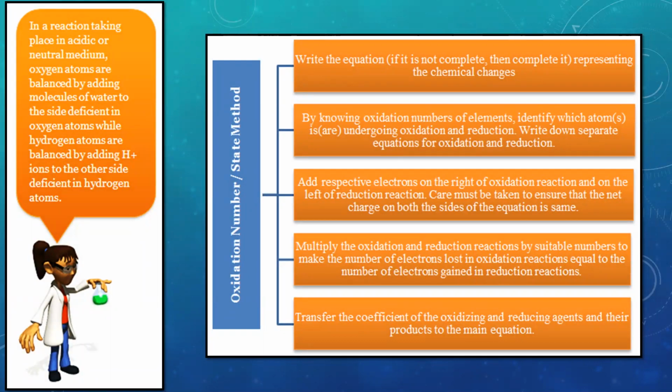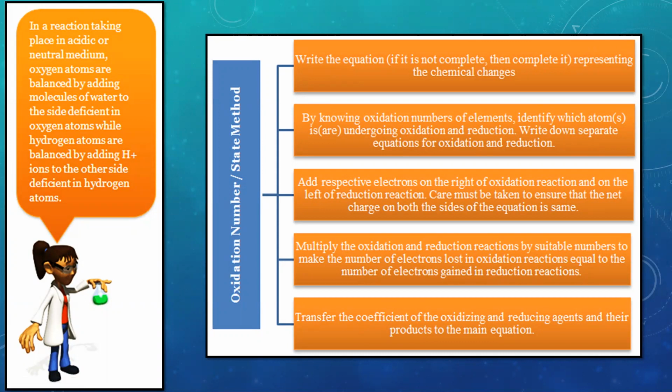Let's learn, or let's memorize, the steps that are to be followed in the oxidation number or oxidation state method. Basically, the first step is we need to write down the equation, and if it is not complete, then complete the equation representing the chemical changes.